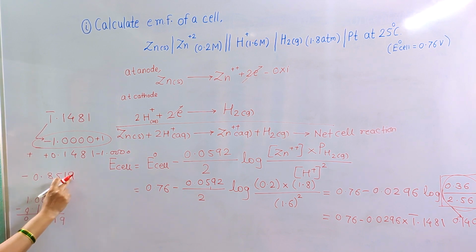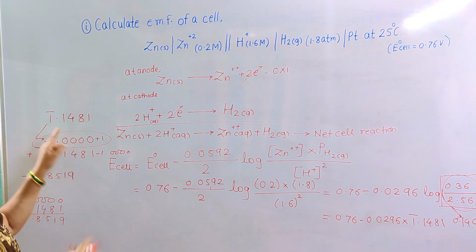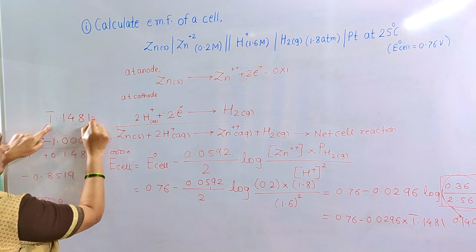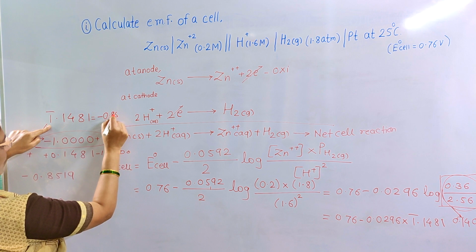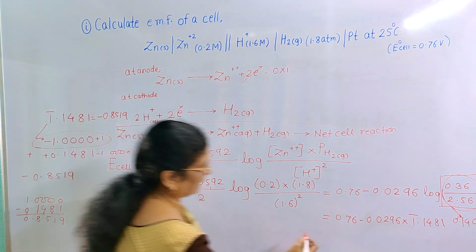Why is there a negative sign? This is minus and this value is 0 plus, and so minus 0.8519. So here remember, bar 1.1481 is nothing but minus 0.8519.